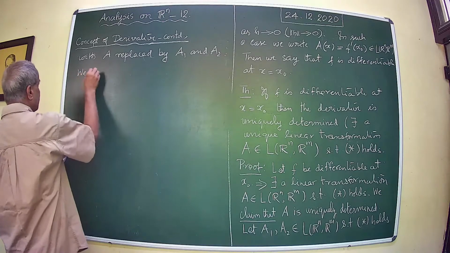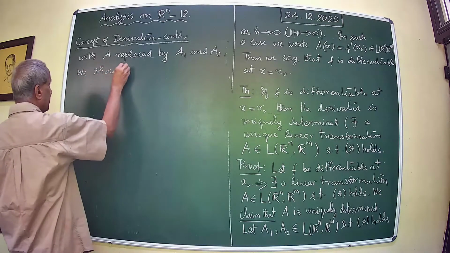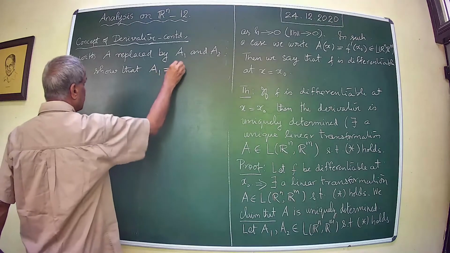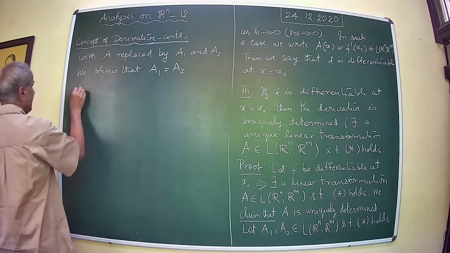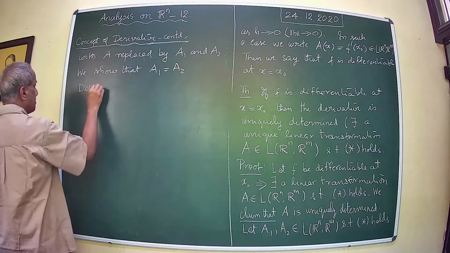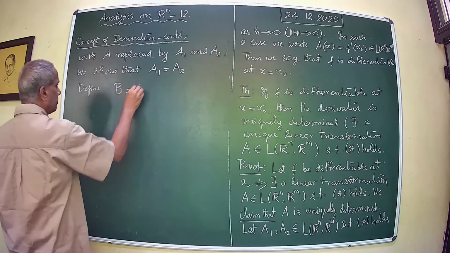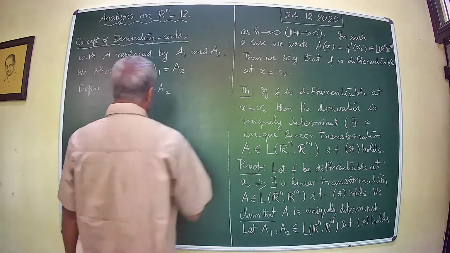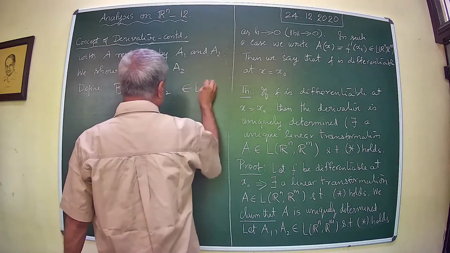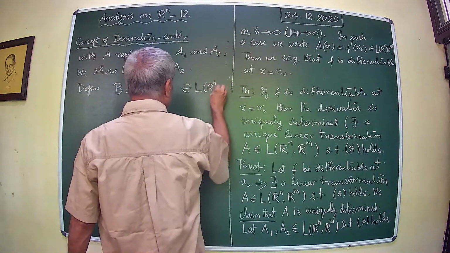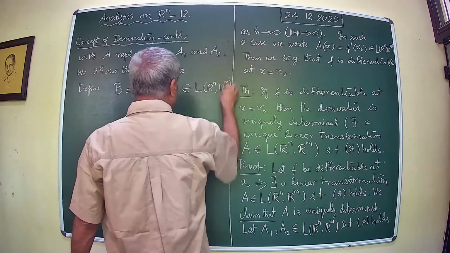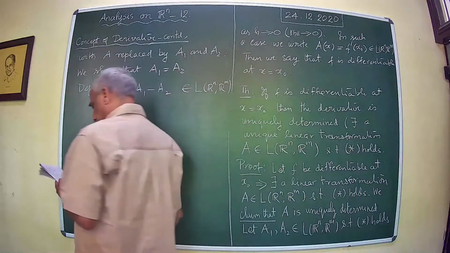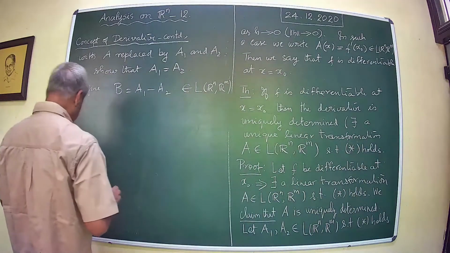We show that, define B equal to A2 minus A1, then this belongs to L. We show that B is equal to 0. So for that, let us estimate this.